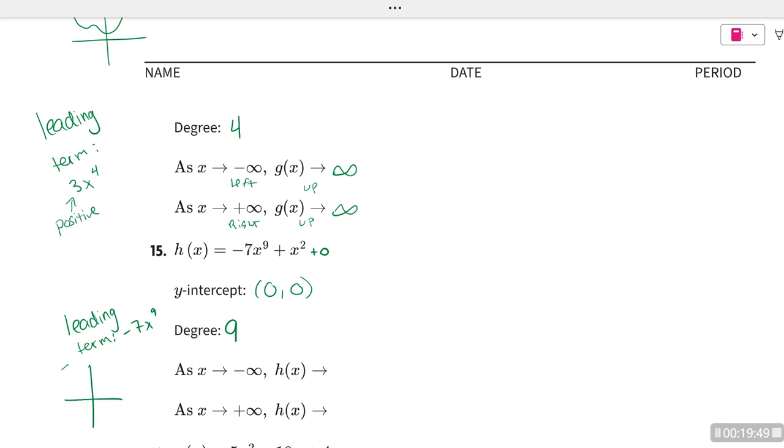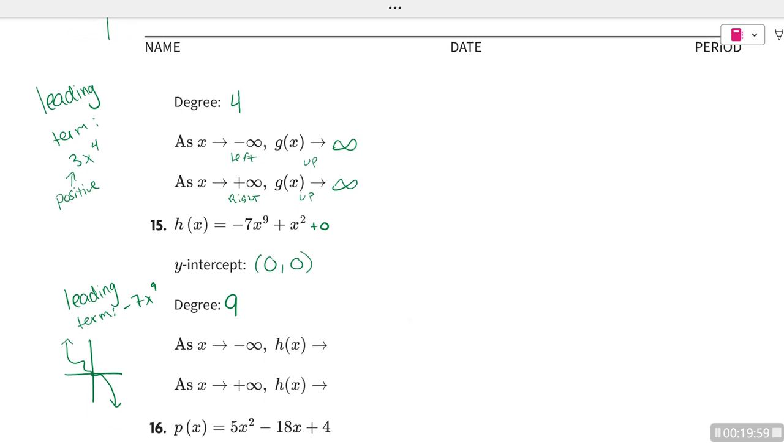So it's going to end in opposite directions, but it's going to have this shape to it. And there's going to be some curves and bumps and whatnot. Well, that part we'll get into later, but it's going to have this up and left and down and right. So as we're going to the left, our graph is going towards positive infinity. So as x approaches negative infinity, h of x approaches positive infinity, right?